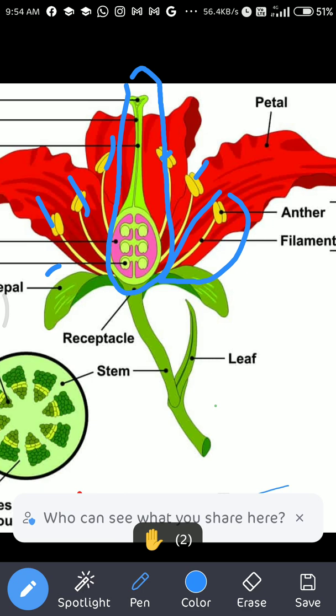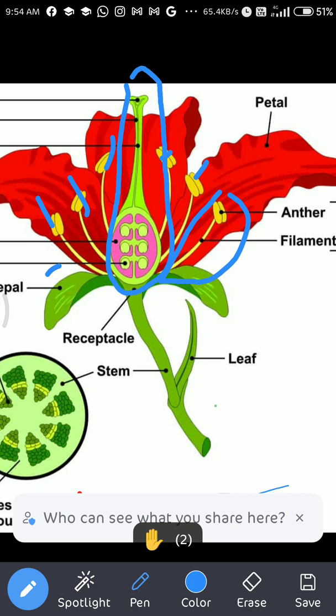Gynoecium is the female reproductive part, also known as pistil, and it has three parts.